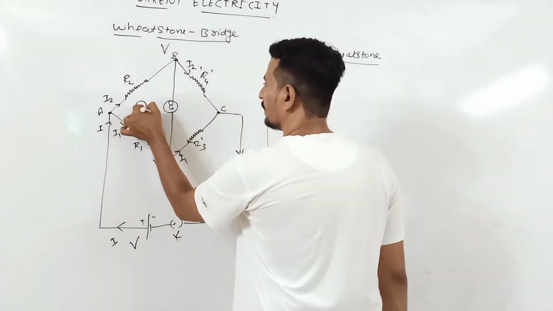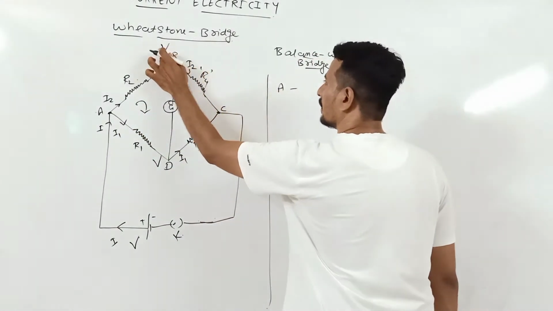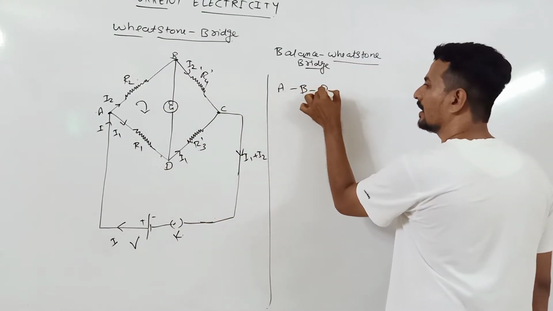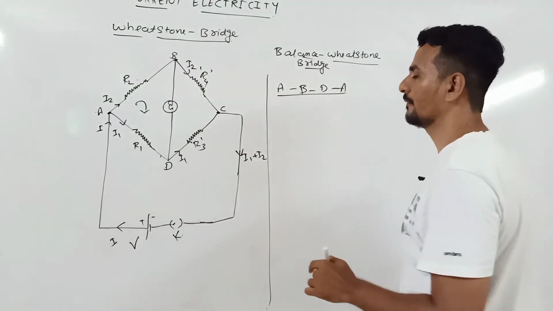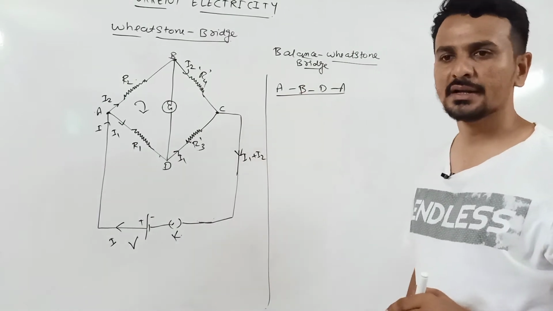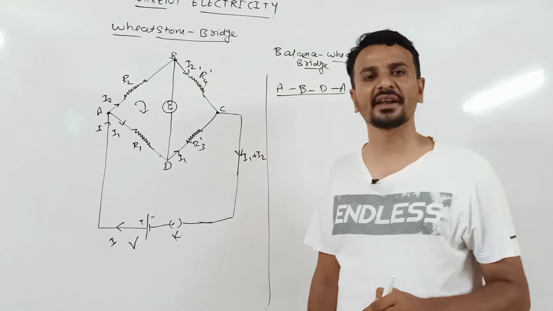Take this loop. Consider loop A, B, D, A. So let us use KVL. We are moving in this direction. I have explained in the previous videos that if we are moving in the same direction as that of current, the voltage drop across the resistance will be taken negative.